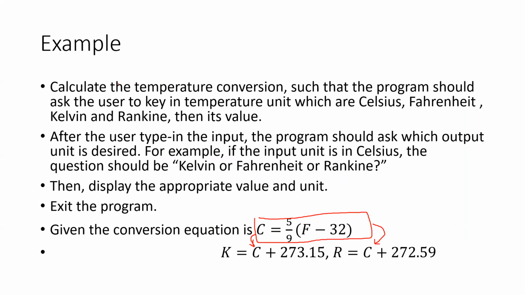So remember that this one says calculate the temperature conversion, so that the program should ask the user to key in temperature unit, Celsius, Fahrenheit, and then its value. Okay, so this is input number one, your unit.